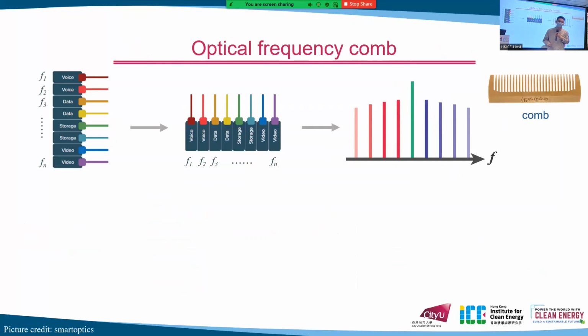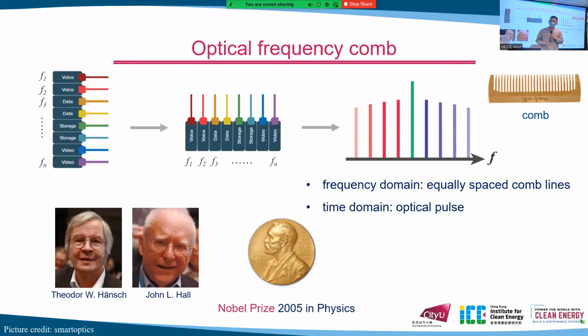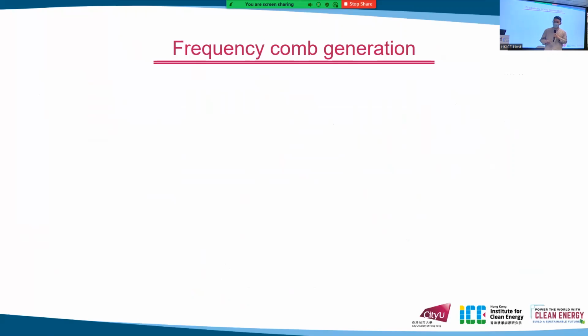This looks like a comb, so we call this an optical frequency comb. An optical frequency comb means that in the frequency domain, there are many equally spaced comb lines, and in the time domain, it is an optical pulse. The frequency comb is so important that these two guys shared the Nobel Prize due to their contribution. And the question next is how to generate a frequency comb.